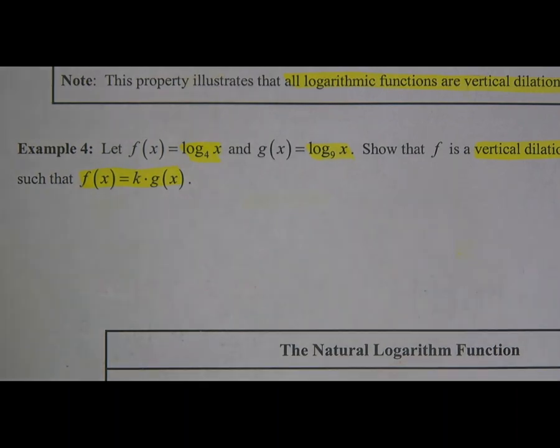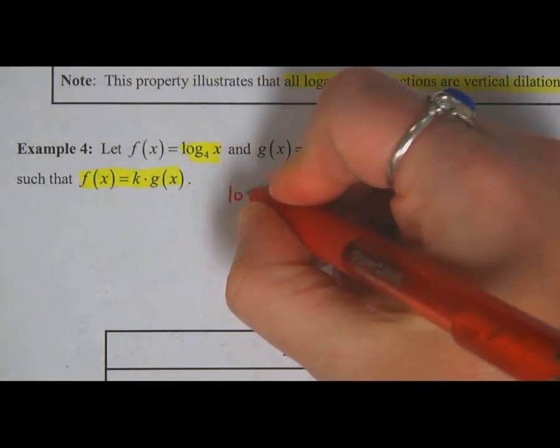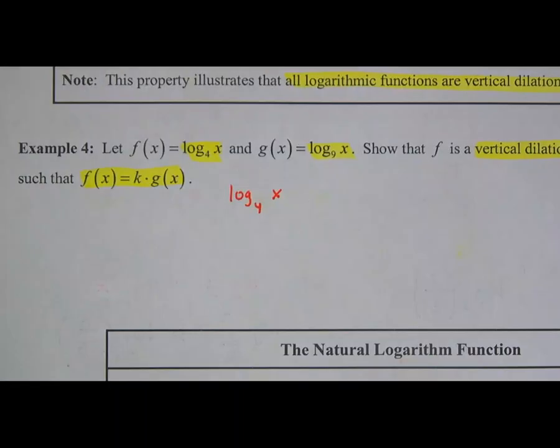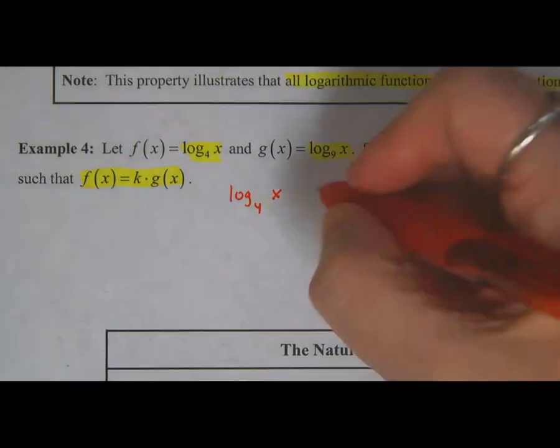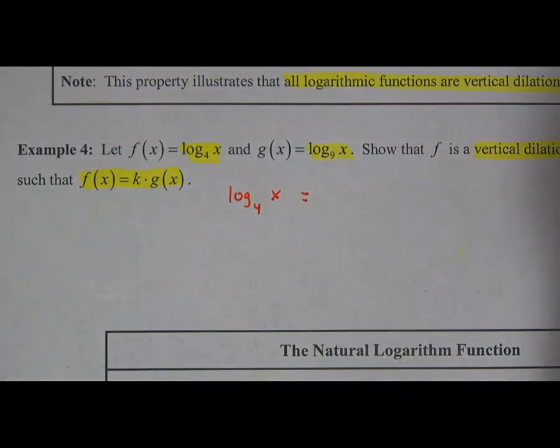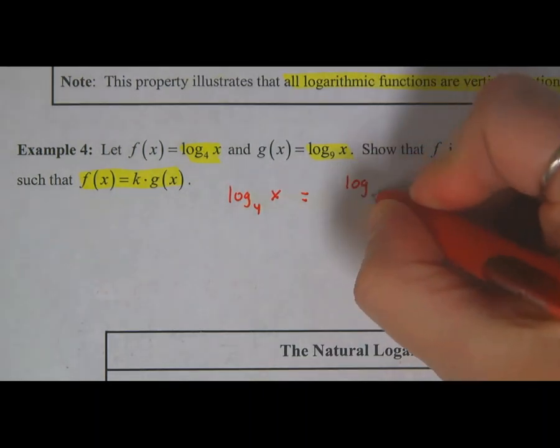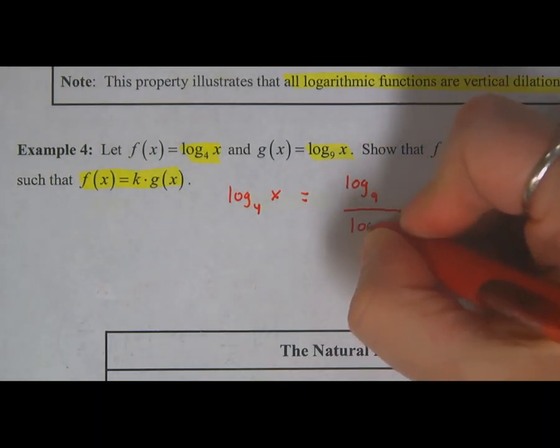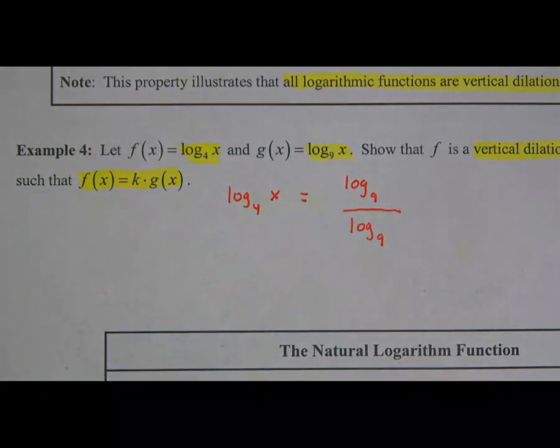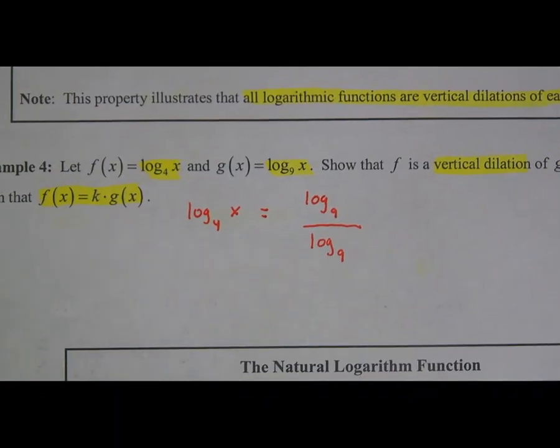So f of x is log base 4 of x. Our job is to just show that log base 4 of x is just a vertical dilation of log base 9 of x. So we're going to use that change of base property to say that if I want to switch it over into log base 9, I'm allowed to do that because g of x is log base 9.